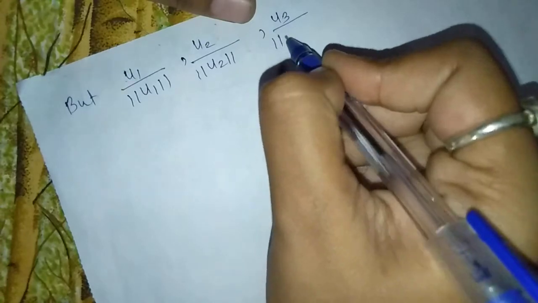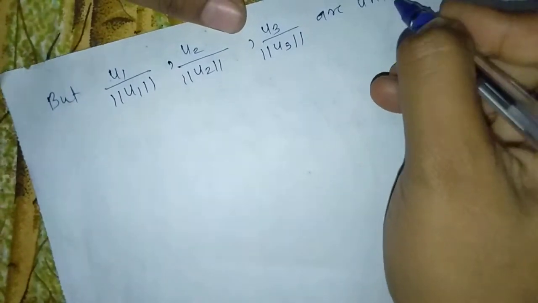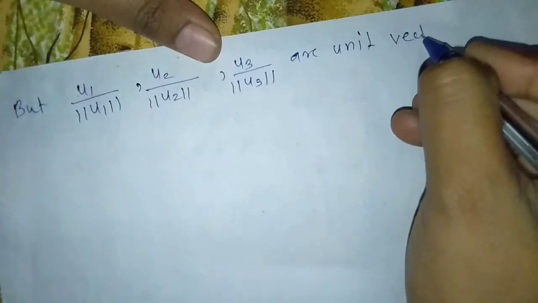So to normalize these vectors means to convert them into unit vectors. This means we have U1 upon norm of U1, U2 upon norm of U2, U3 upon norm of U3 are unit vectors, by the definition of a unit vector.